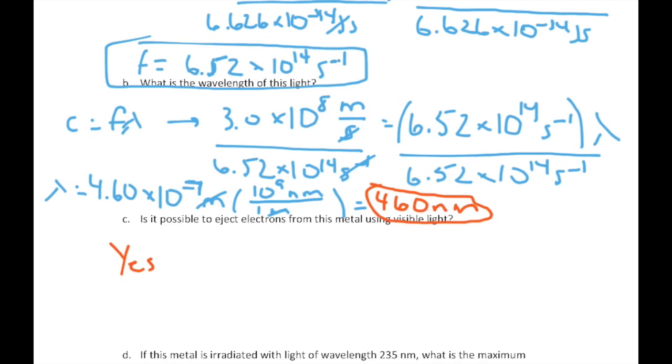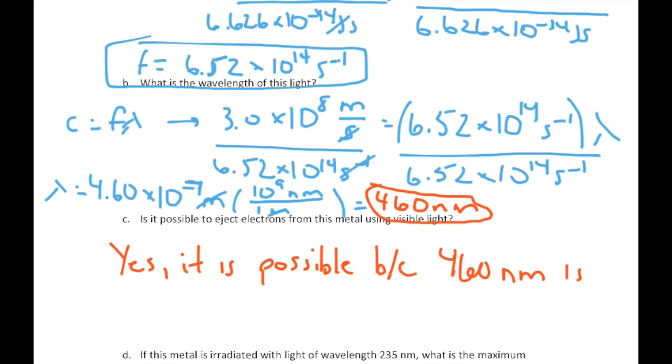It's possible to eject electrons from this. Yes, it is possible to eject electrons because 460 nanometers is within the violet-blue region.